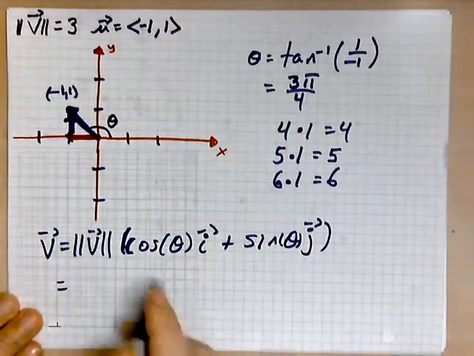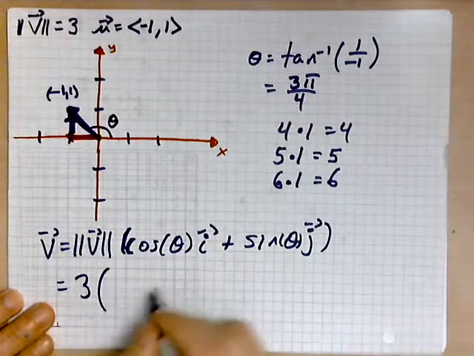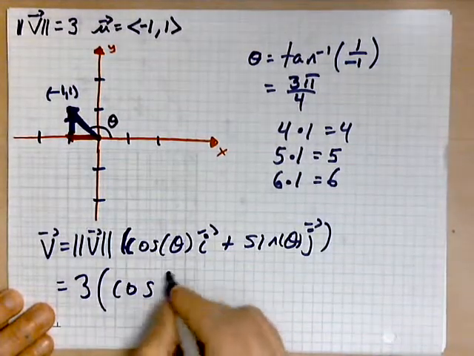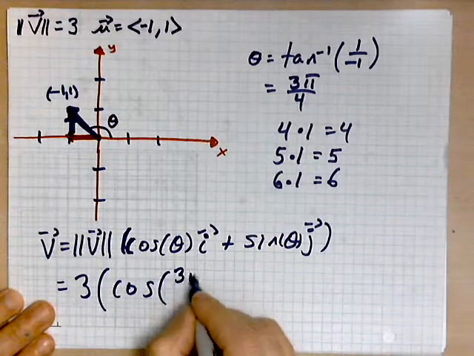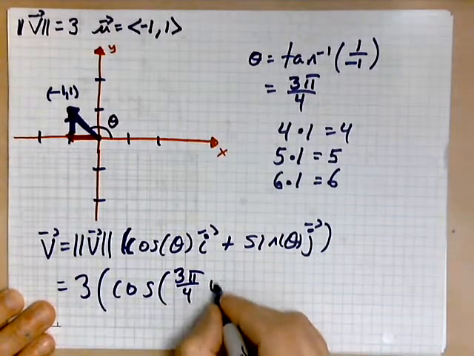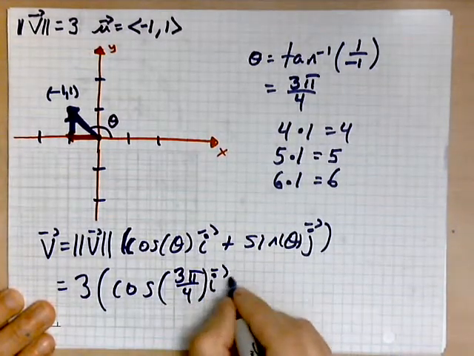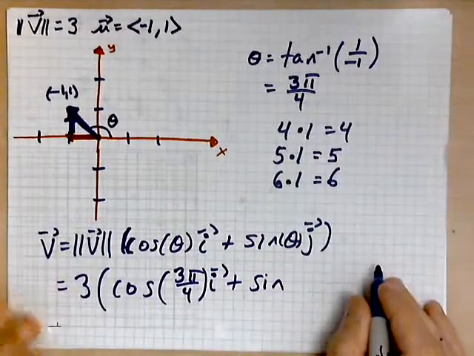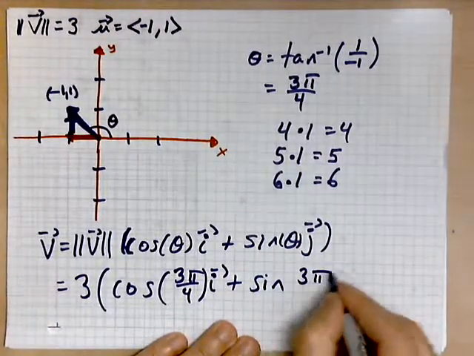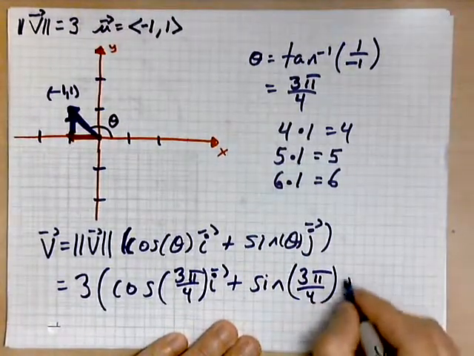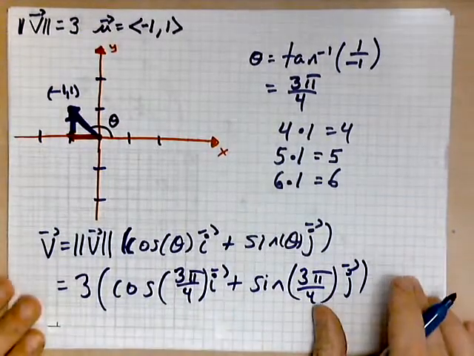So this is what you do. 3, and then you multiply the cosine of 3 pi over 4 i plus the sine of 3 pi over 4 j.